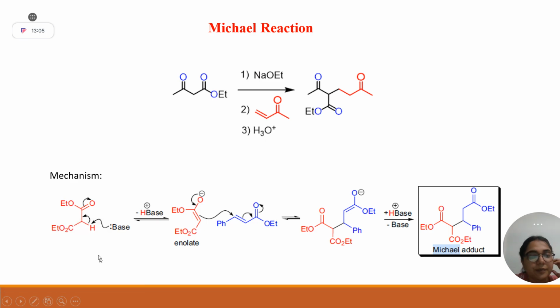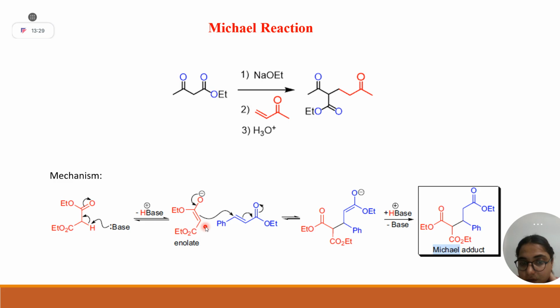Okay, let's say here. Here base will abstract this proton. This mechanism has a different substrate than this, so don't confuse. This is different, this is different. So base first will abstract proton from the active methylene carbon, students. It will form enolate.